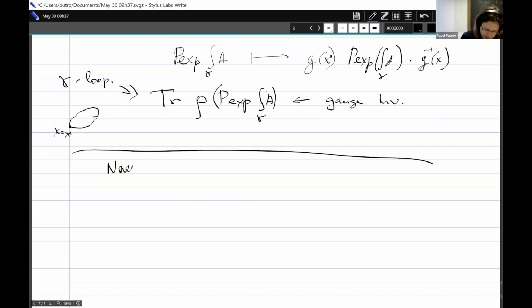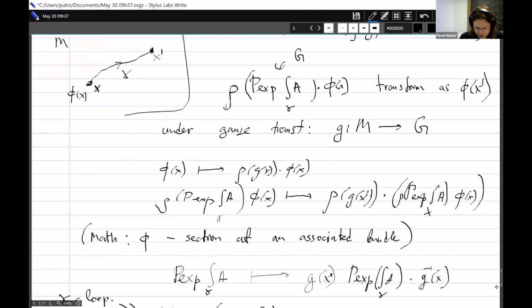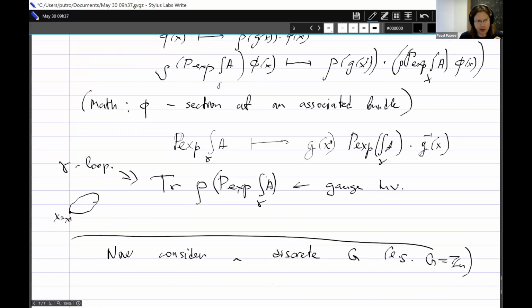So now we want to take this group G to be a discrete group. For example, G can be something like a cyclic group of order n. So what is the analog of this path ordered exponent, which gives me a parallel transport?